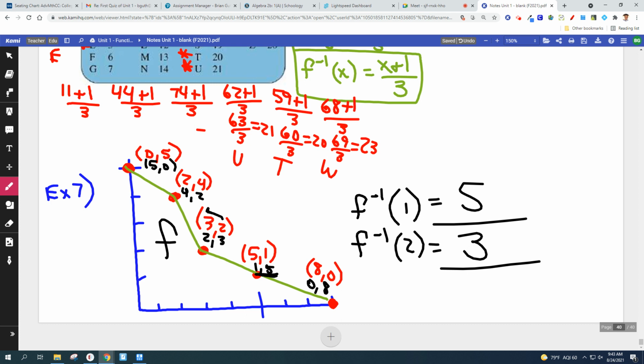You're switching your x and your y around. Okay, you got it? If I said f inverse of 0, that's 8. Exactly. So they're going to ask you that on the homework a couple of different times, I think. And it's not a hard question, but if I didn't do that example, I didn't know if you were going to be prepared for that. So hopefully now you are prepared for that.